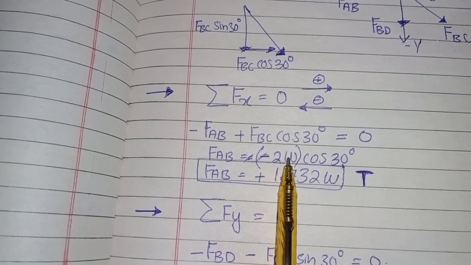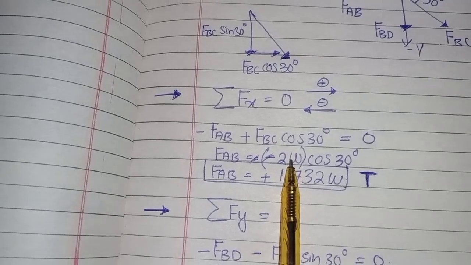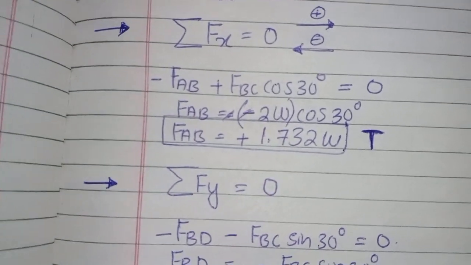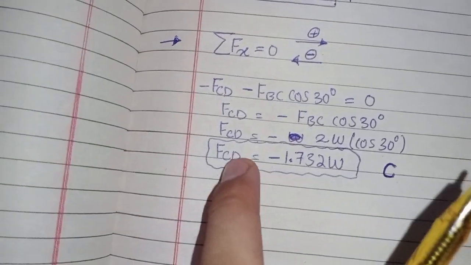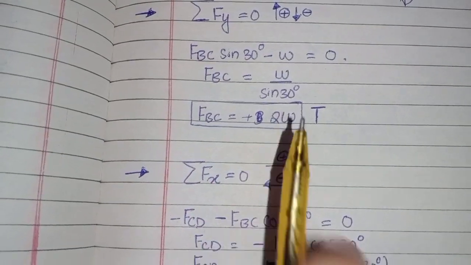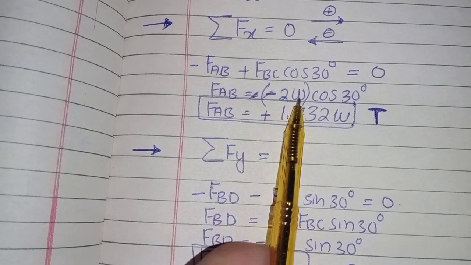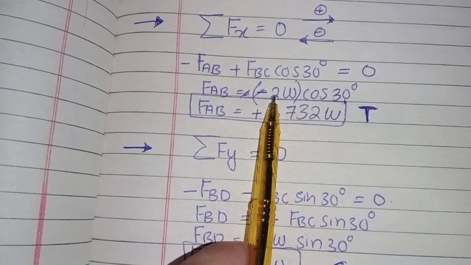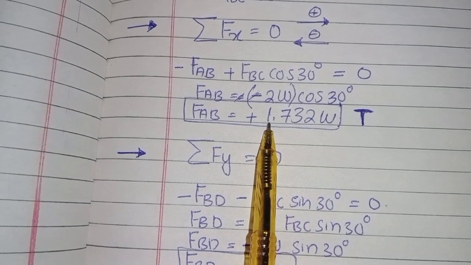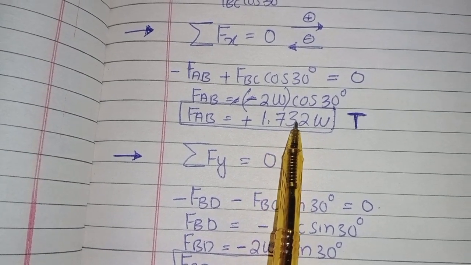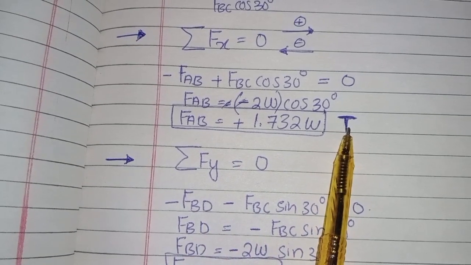FAB equals FBC cos 30, and FBC we found earlier is 2W. So in place of FBC I put 2W cos 30. If you multiply 2 into cos 30, you will get the answer of 1.732W. This positive sign shows that my assumption was right.